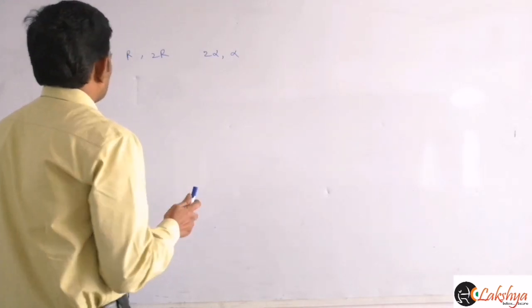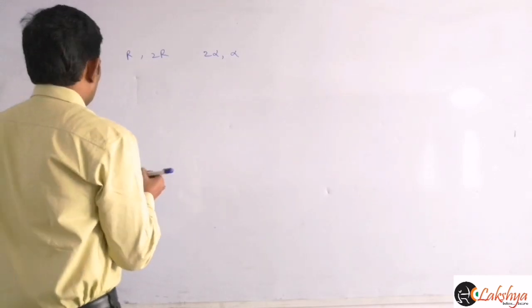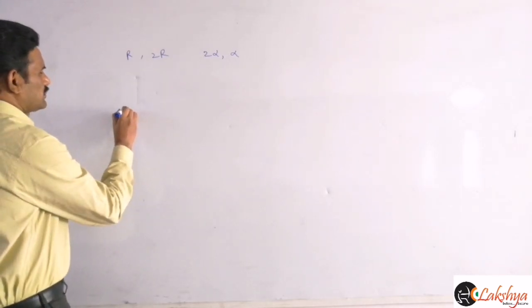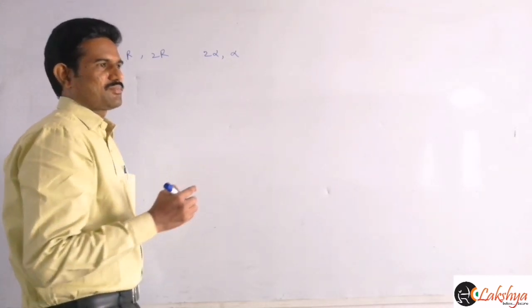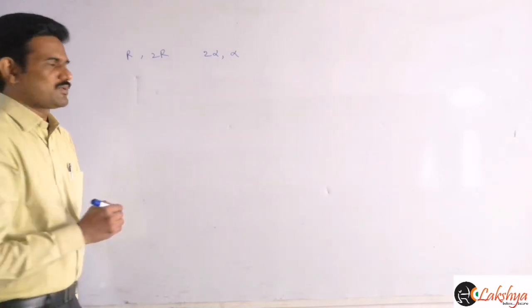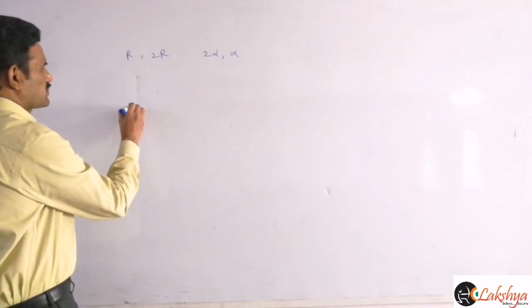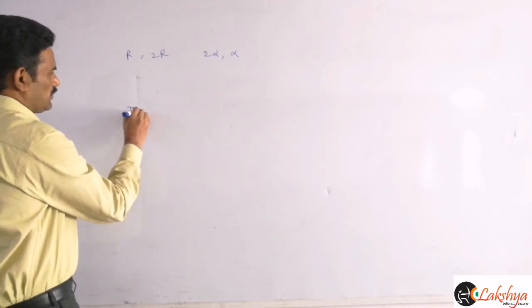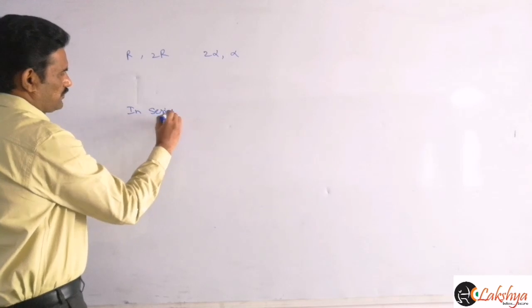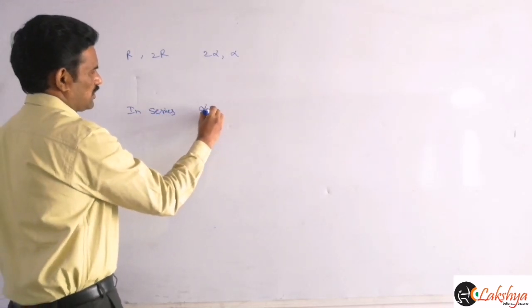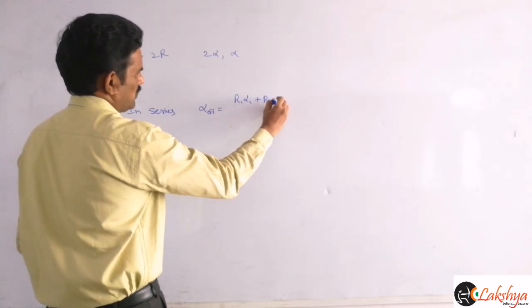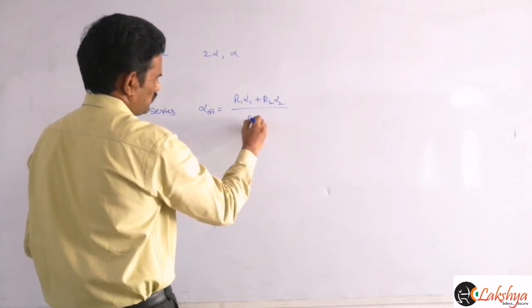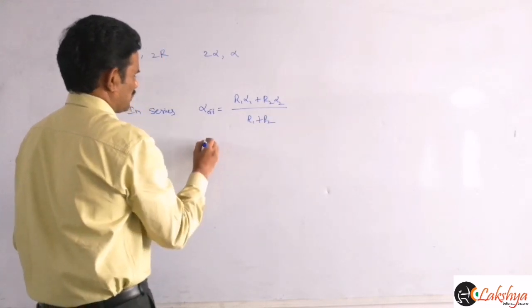We derived already in the last class the formula for the effective temperature coefficient when they are joined in series and parallel. So let us write this expression here. In series, you know the formula, alpha effective will be equal to R1 alpha 1 plus R2 alpha 2 by R1 plus R2. You just need to substitute those values here.